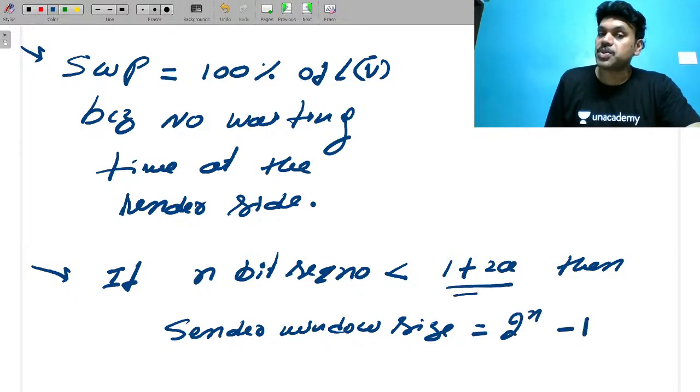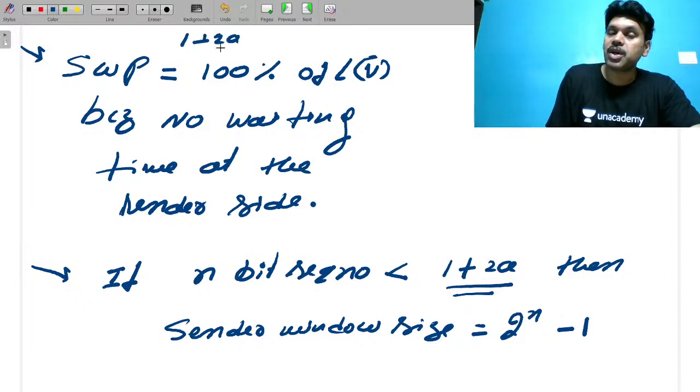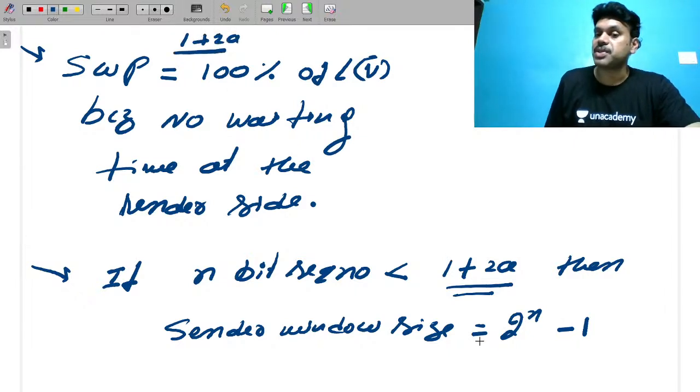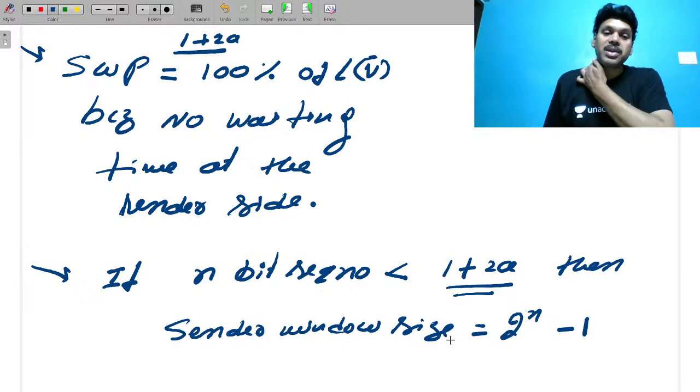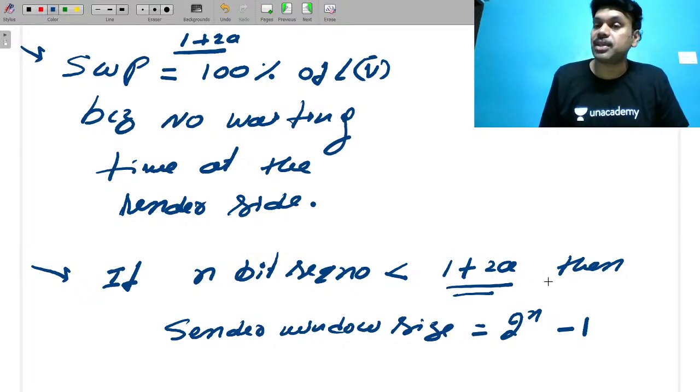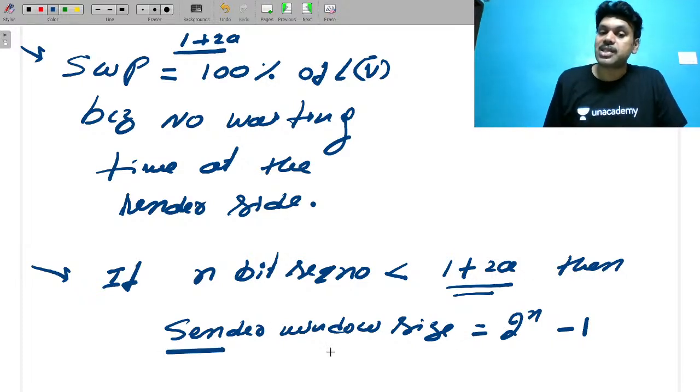So you cannot use 1 plus 2a. Whenever you are using 1 plus 2a, you are going to get 100% efficiency. But whenever you are restricted, your n-bit value is lesser than 1 plus 2a, your sender window size is 2 power n minus 1. Therefore, you cannot get 100%.